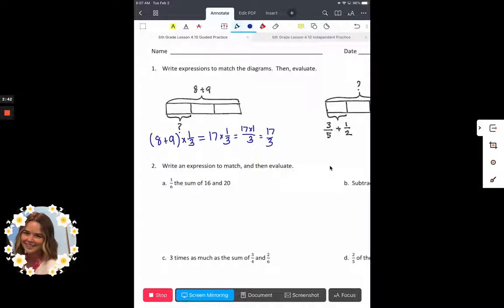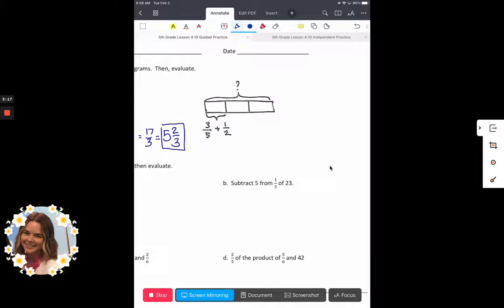Now we talked a little bit yesterday about how we want to start getting in the habit of writing all of our answers in simplest form, which means we are writing any improper fractions as mixed numbers. So 17/3 is also equal to 5 2/3. And I'm going to draw a box around that answer and around my expression, since those are the two things this question is asking for.